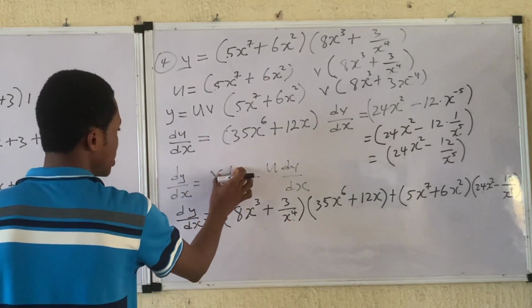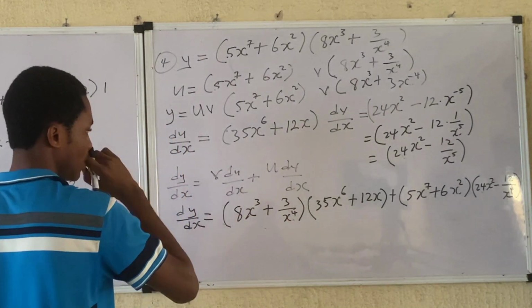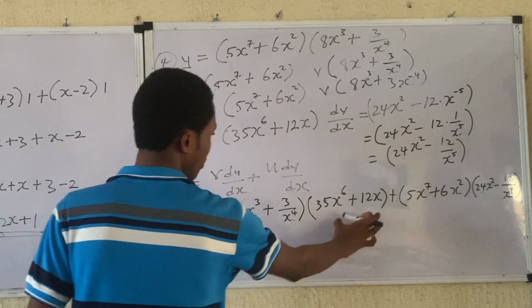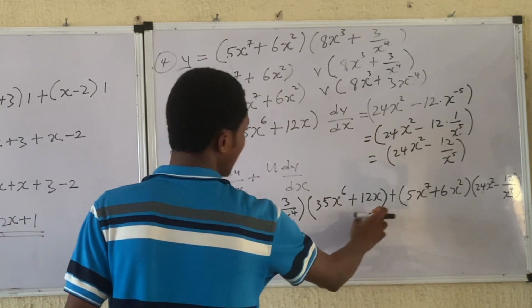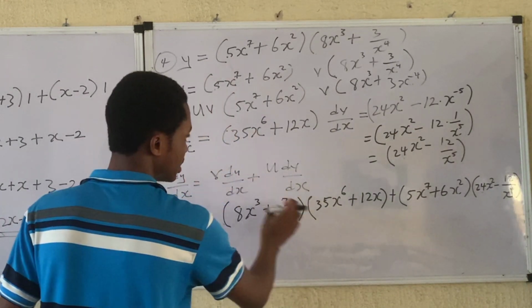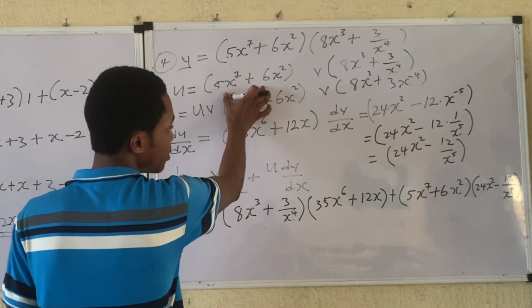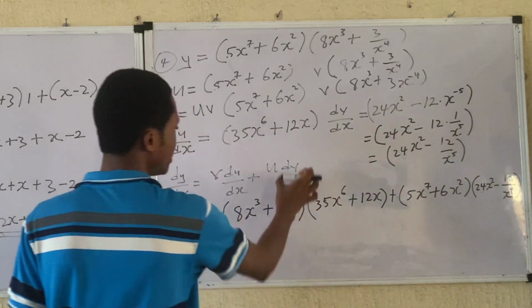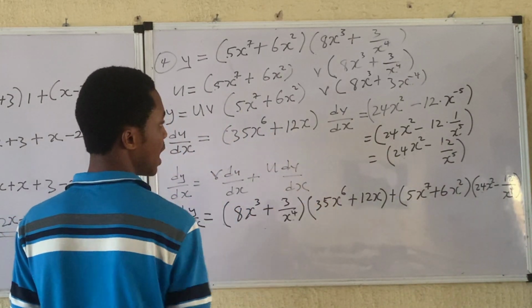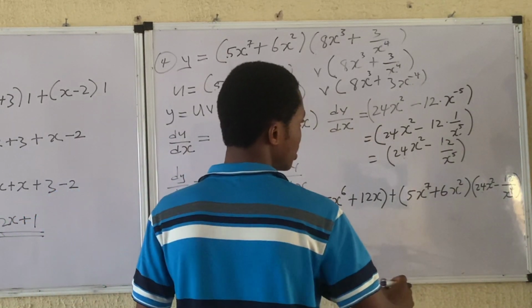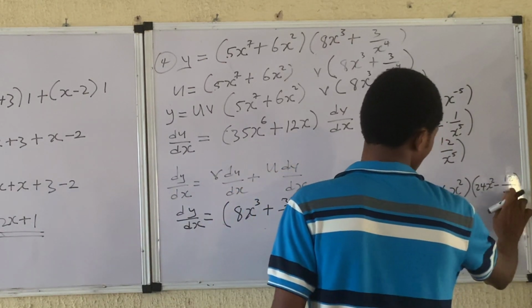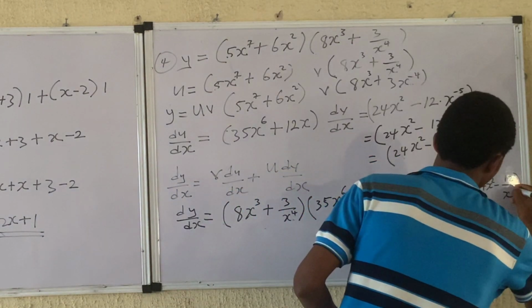Now, our du/dx, which is this, put it in here, with the positive sign, which is this one. Now, where is our u? Our u, this is our u. Where is our dv/dx? Our dv/dx is this one.